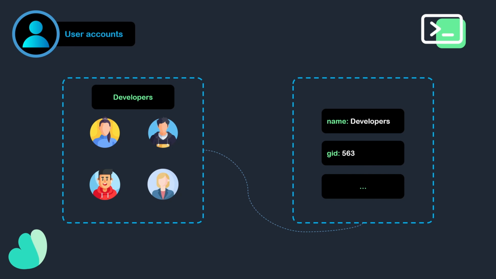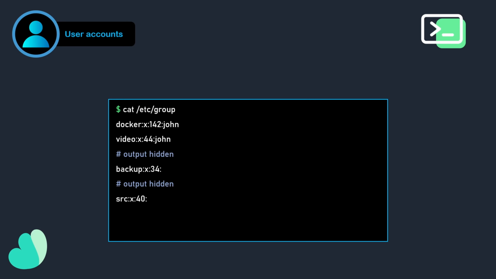We can view the groups available on our system by executing the cat command followed by /etc/group, which is the file used for storing groups information. Here we are showing just a few of the groups that are available.